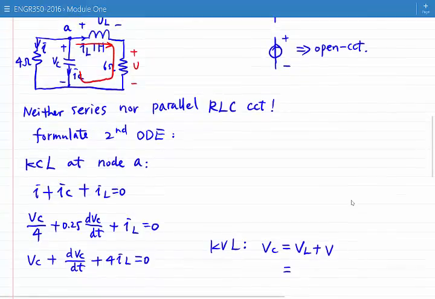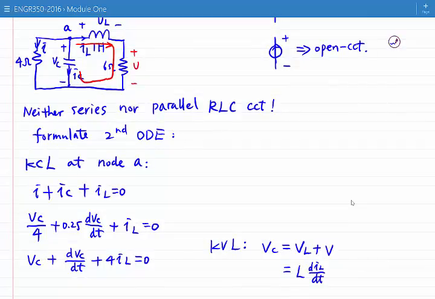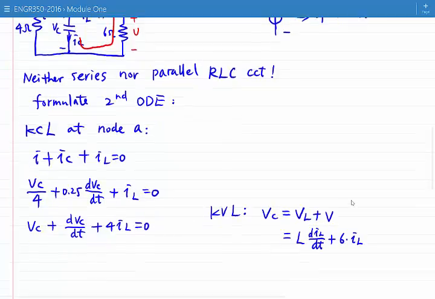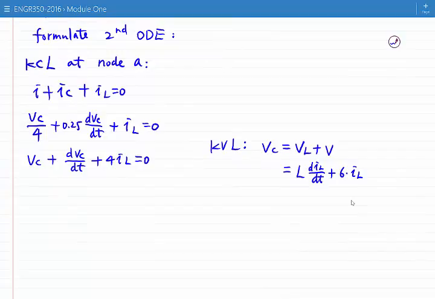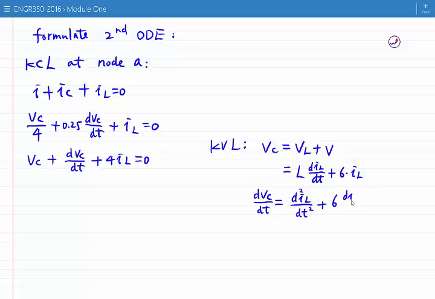VL voltage is equal to L dIL over dt plus the resistor voltage, which is 6 ohm times IL. So we can calculate dVC over dt based on this equation. L is 1 Henry, so it will be the second derivative of IL with respect to t plus 6 dIL over dt.